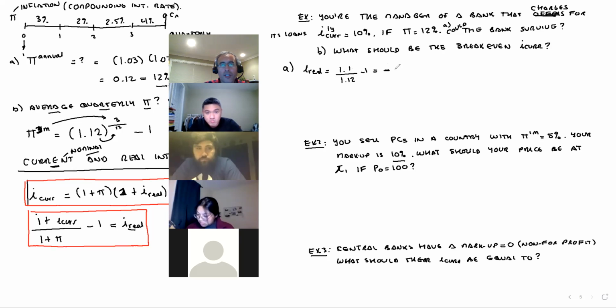Negative 0.01786. So basically 1.786% negative. Agree? Now, guys, there is no way you can survive with a negative interest rate. That's what happened with these developing banks.